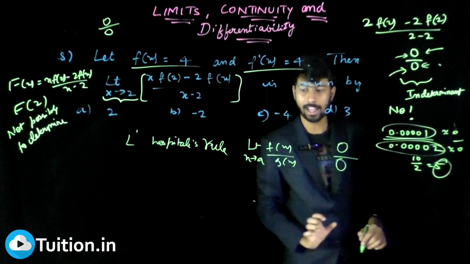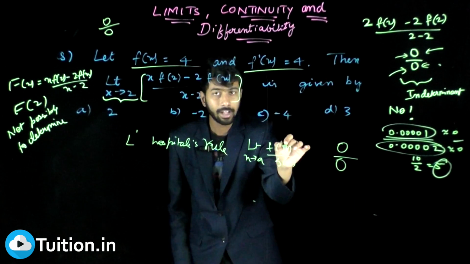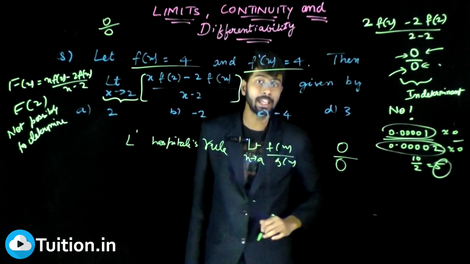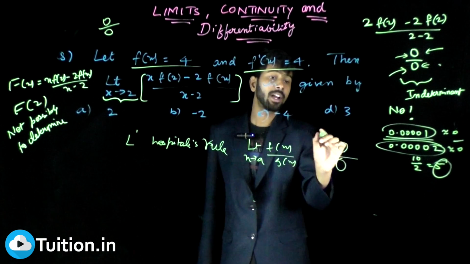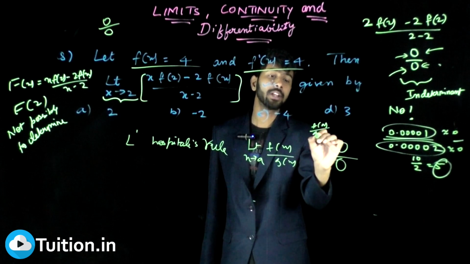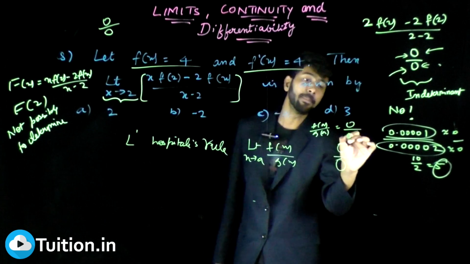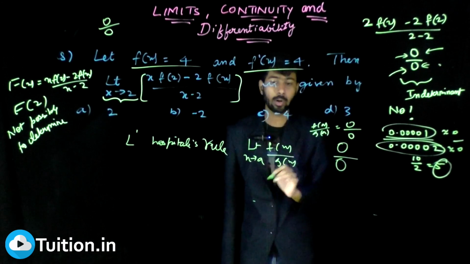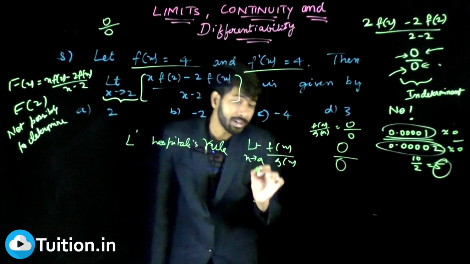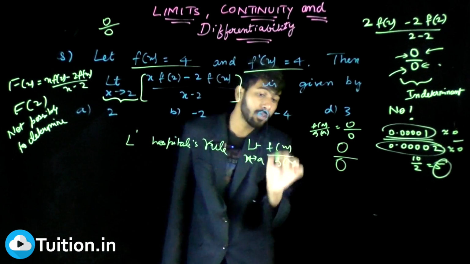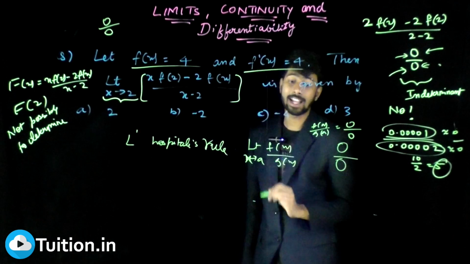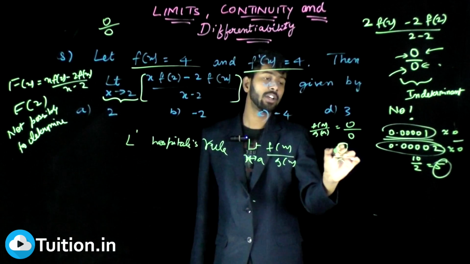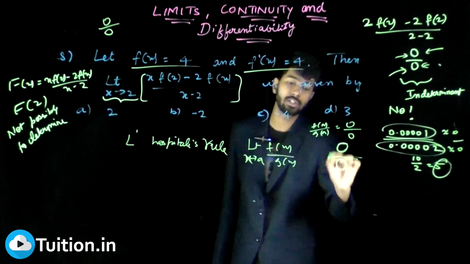I'm not putting a here. I'm not asking you what is f of a by g of a, because that is completely 0 by 0 and I can't do anything about it. I'm asking you, if your x tends to a, then what is this ratio, right? It's not exactly a. That means it's some value which is very close to 0, and the ratio will be finite.